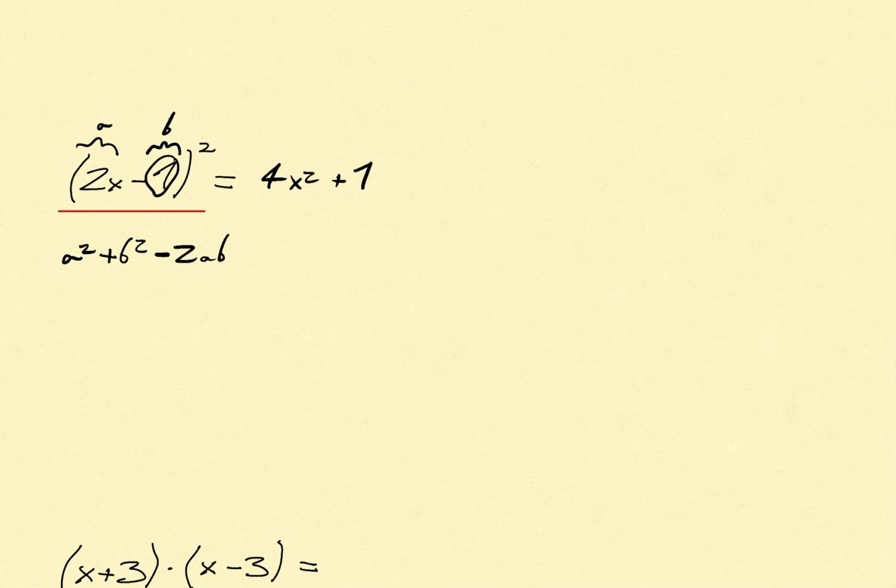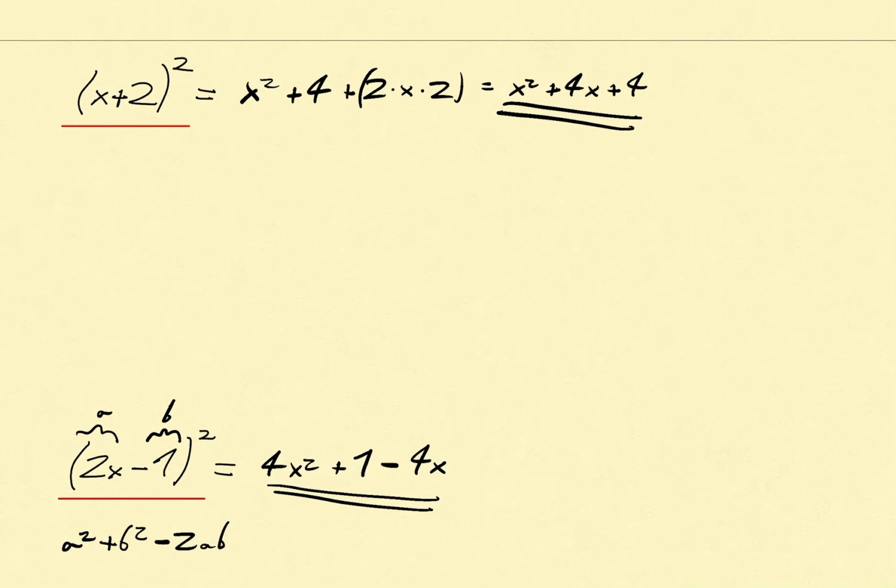Forget about what's in the middle, okay? So we'll get 4x squared plus 1 minus 4x. And this is what we'll get. And this is, again, something similar to what we've seen above. But instead of having a plus 4x, we've got a minus 4x.